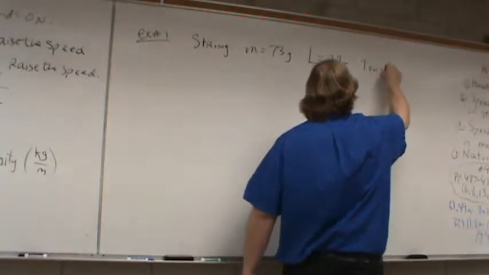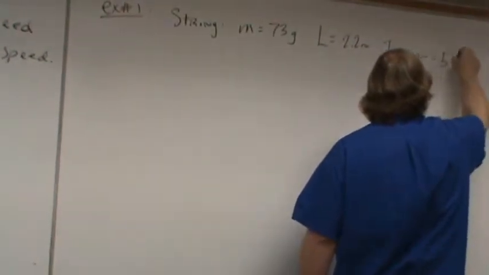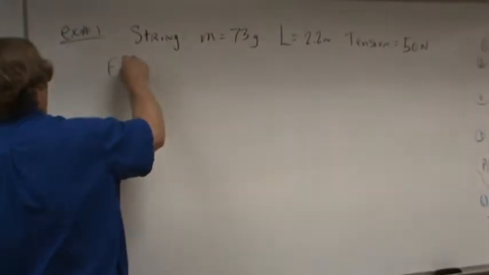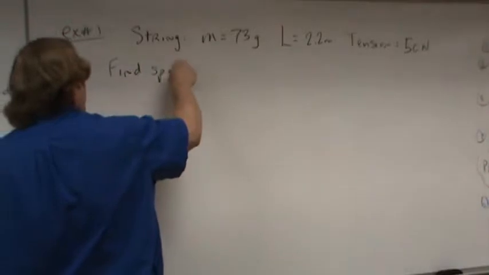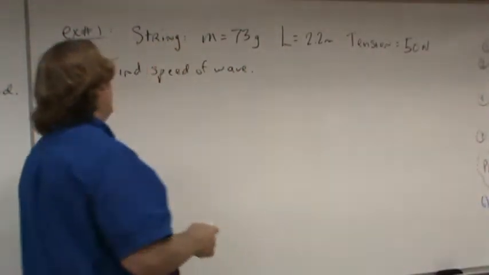The tension that Amani and I were exerting on each other is 50 newtons. Find the speed of the wave. Good luck. I'll give you a hint: please plug into this formula.